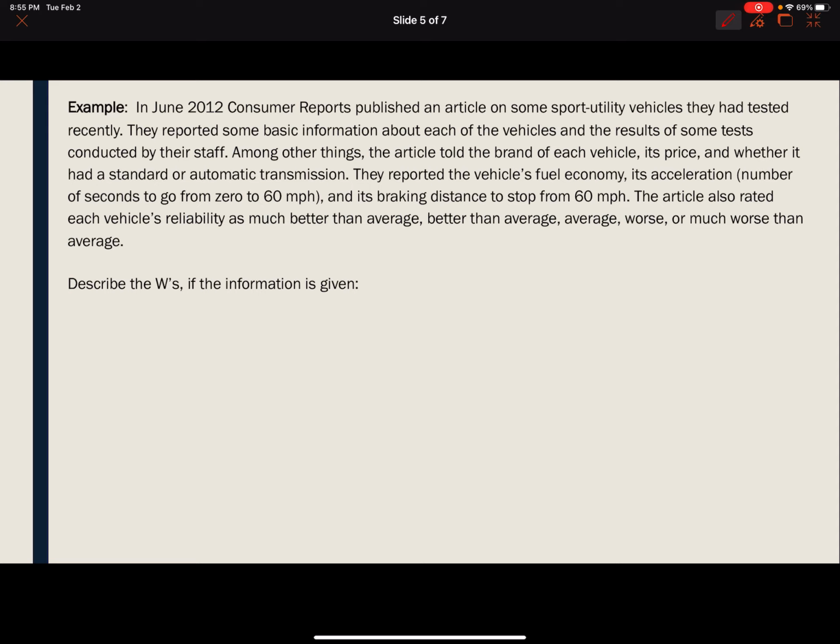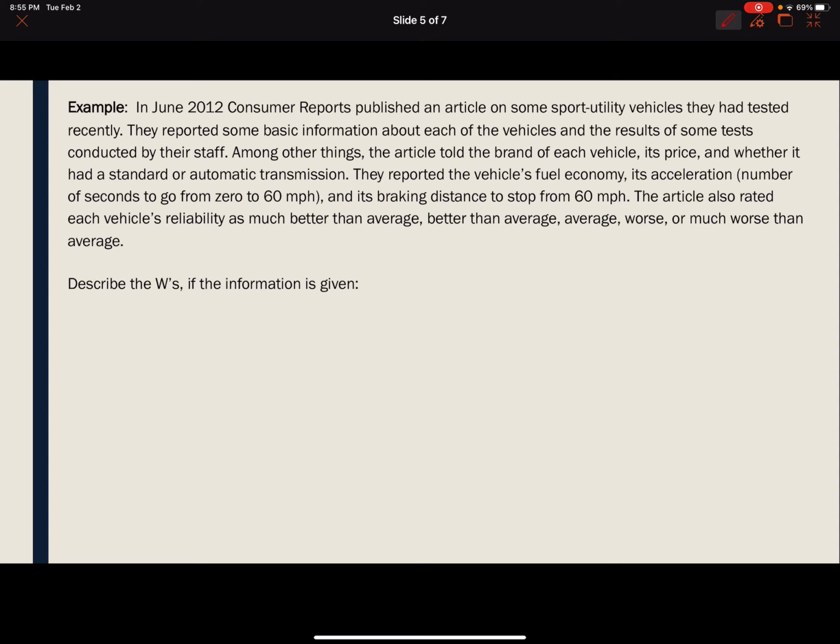They reported the vehicle's fuel economy, its acceleration, which would be the number of seconds to go from 0 to 60 miles per hour, and its braking distance to stop from 60 miles per hour. The article also rated each vehicle's reliability as much better than average, average, worse, or much worse than average.